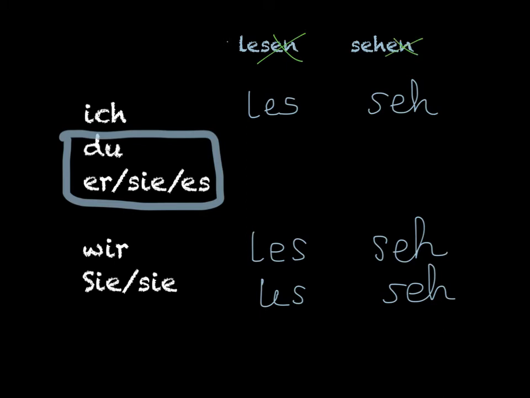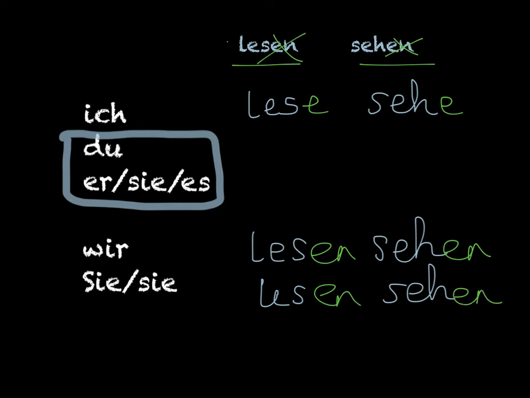Again, I have got the ich, wir, and sie forms down to their stem, les and seh, by removing the en from the infinitives. Now, this is where the verbs have normal endings. Okay, and I'm now going to show you how the verb itself, the stem, changes for the du, sie, es forms.